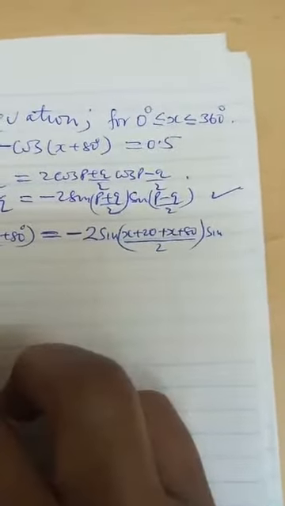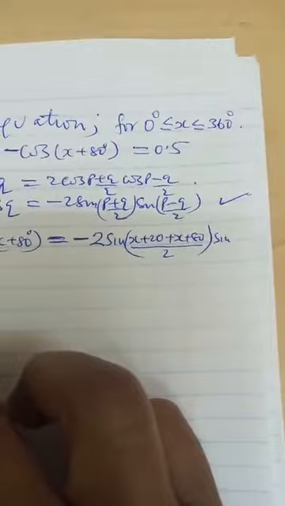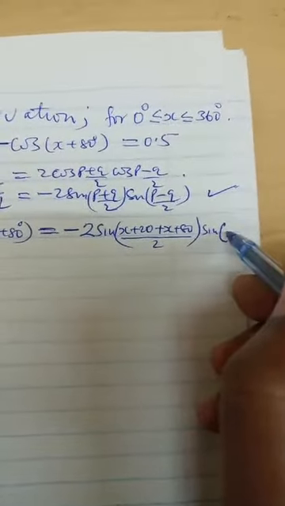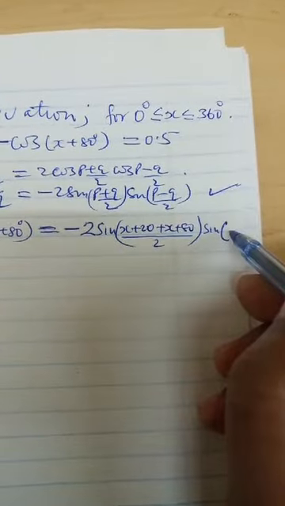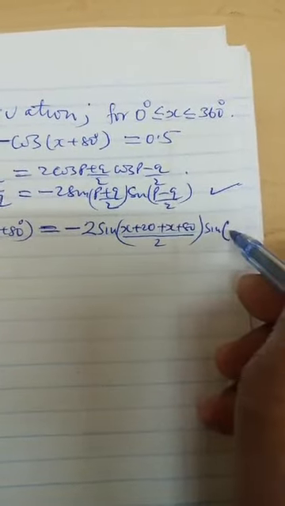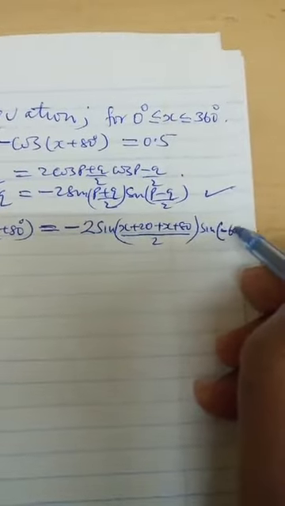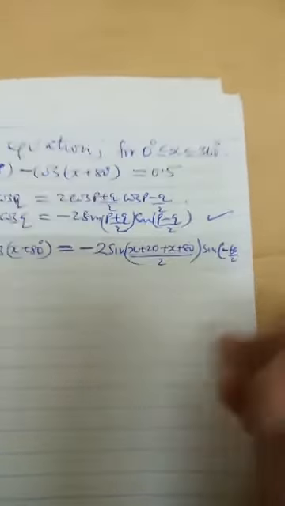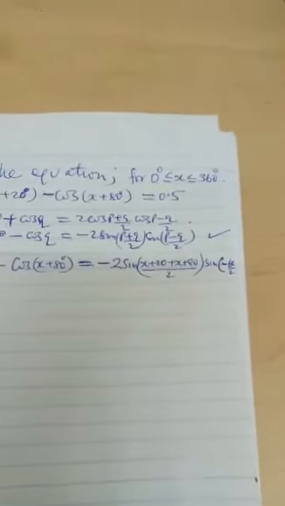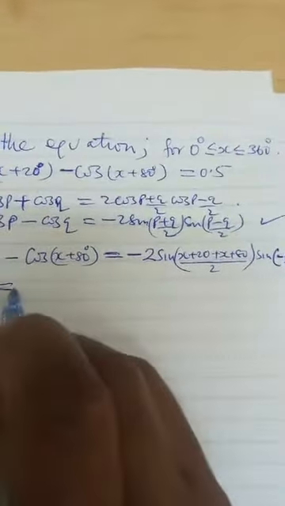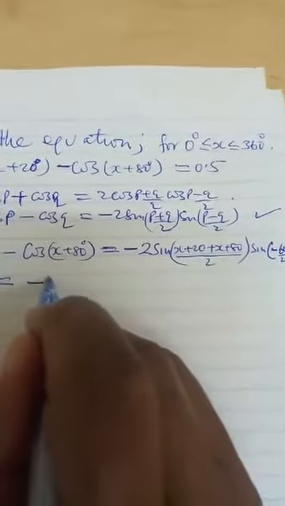When we subtract, the x would go, because the space is not enough, I want to just put 20 minus 80, which will be minus 60 over 2. Okay? I can repeat it for purposes of clarity.